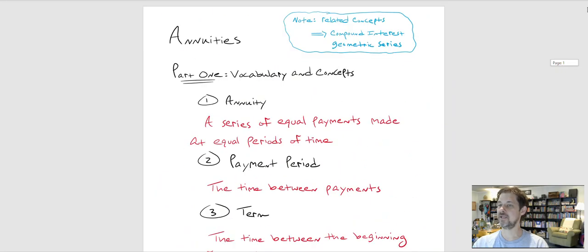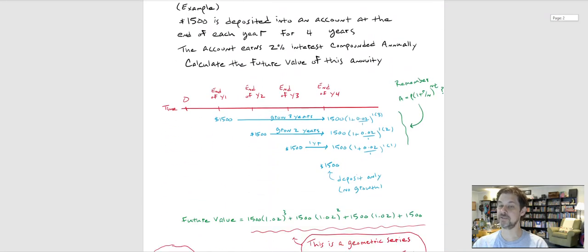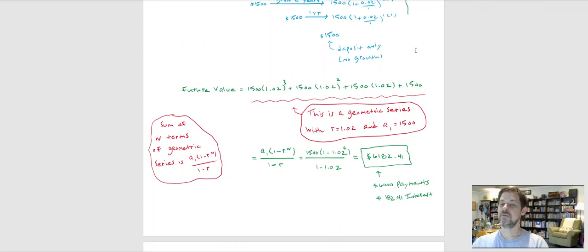Remember at the beginning I said related concepts to annuities are compound interest and geometric series. You could add all this up by brute force. If I wanted to, I could take my calculator and add it all up. It's not that big of a deal, but this is normally taught with reference to geometric series, because that's what people normally do, so that's what I'll do for you. That's a geometric series. We'll consider the first term to be 1,500 and r to be 1.02.